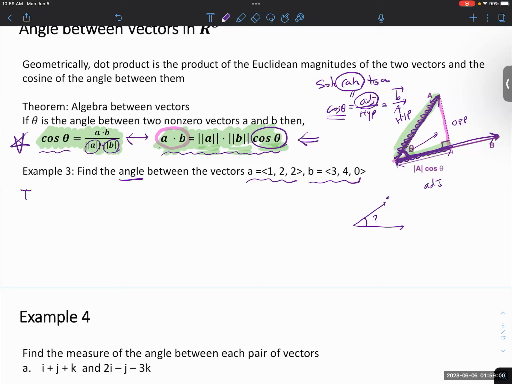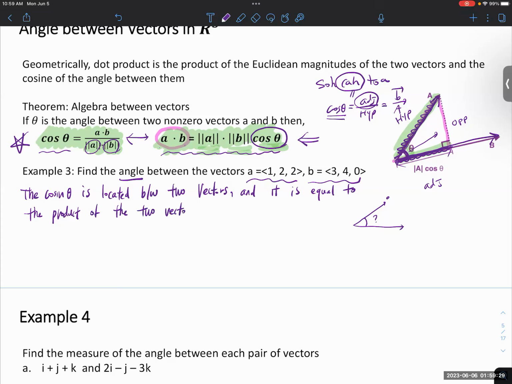So one more time, cosine theta, the angle located between two vectors, is equal to, as we just proved, the product of the two vectors.